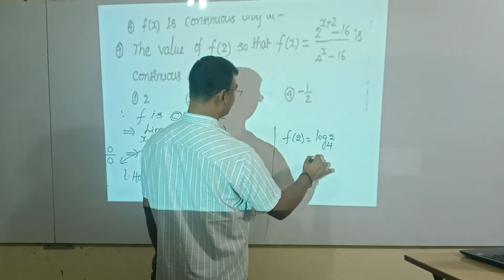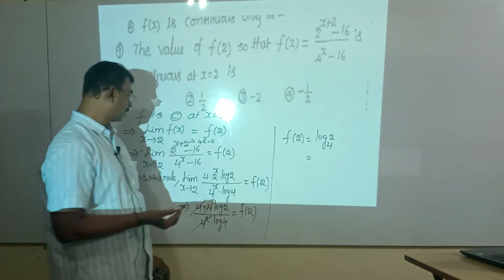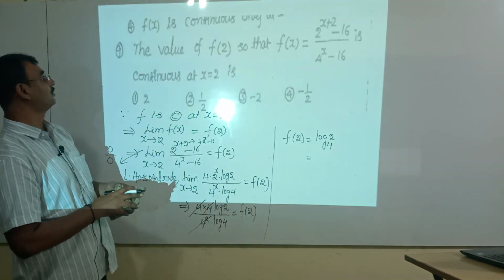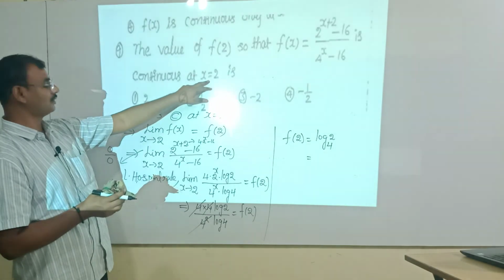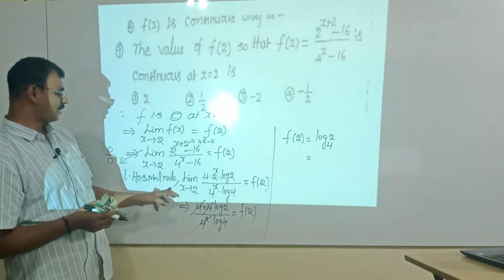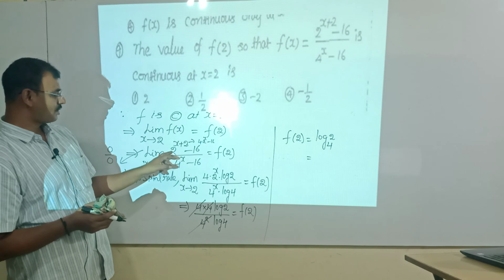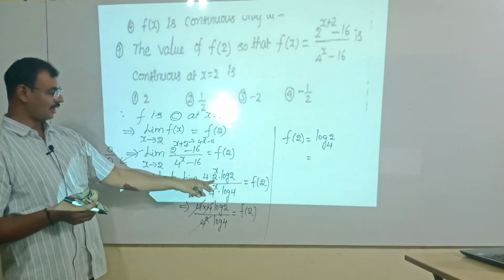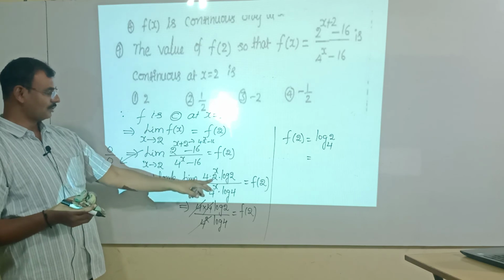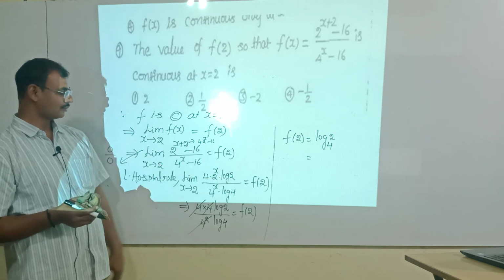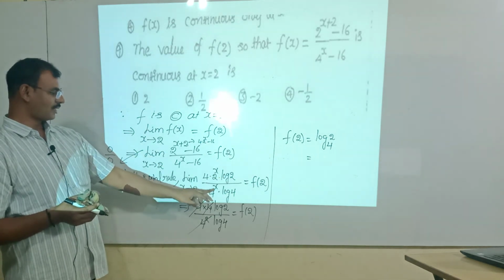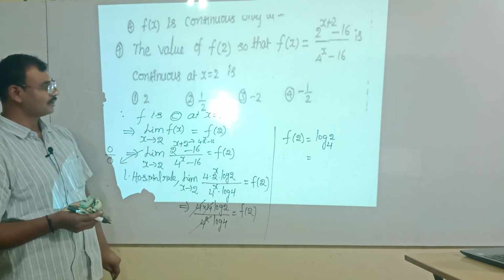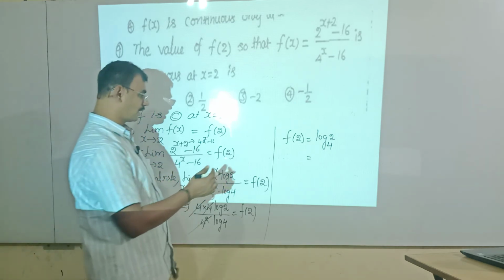Here x tends to 2, and x equal to 2 only, correct? The derivative of a raised to x is a raised to x into log e. 4 into 2 raised to x into log 2 divided by 4 raised to x into log 4. So log 2 base 4 is also correct.